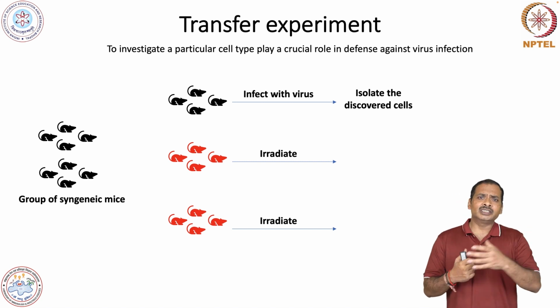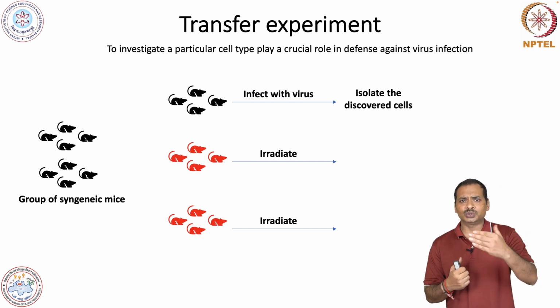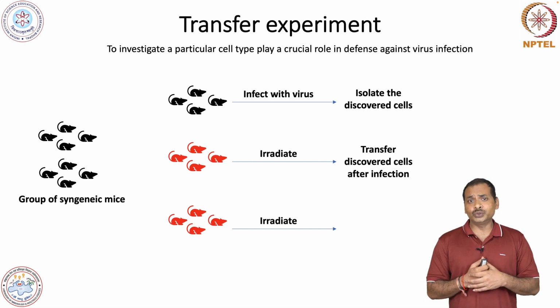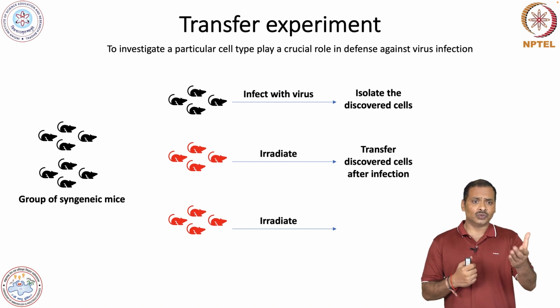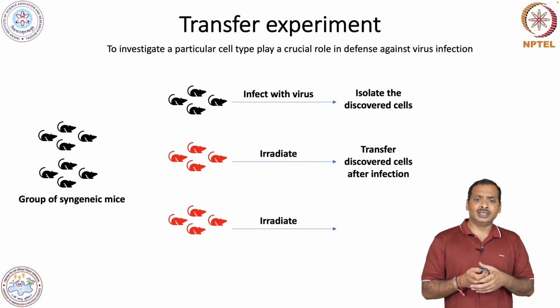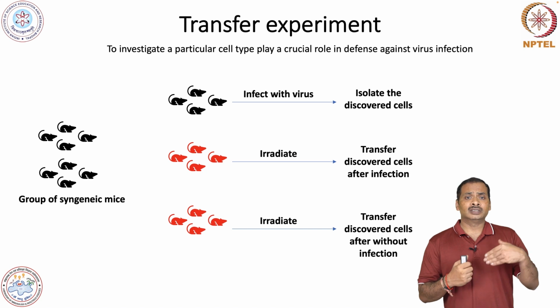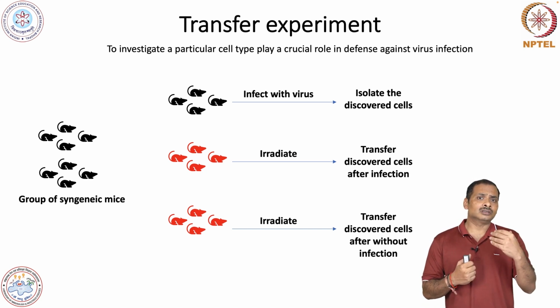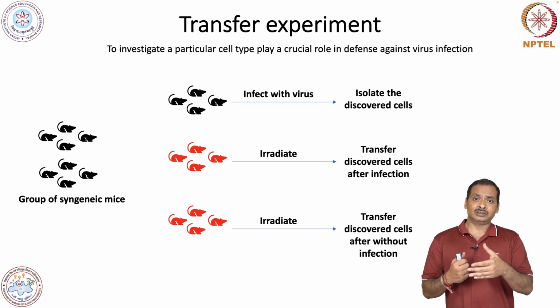Okay. And from the infected population, you can isolate the cell which you have discovered earlier. There are a variety of techniques by which you can isolate that particular cell if you know the marker. Okay. For example, you can use the magnetic bead system, or you can use the flow cytometer. Using these techniques, you can isolate those cells, and after isolation you can infuse these cells into one group of irradiated mice, and in another group you can introduce the cell type from uninfected mice. Okay.